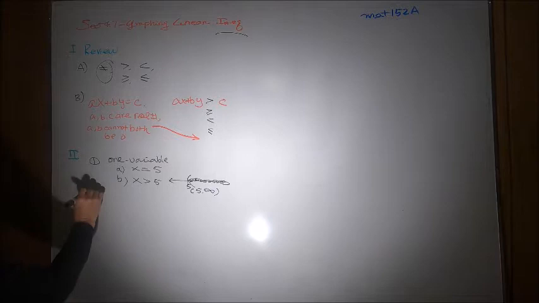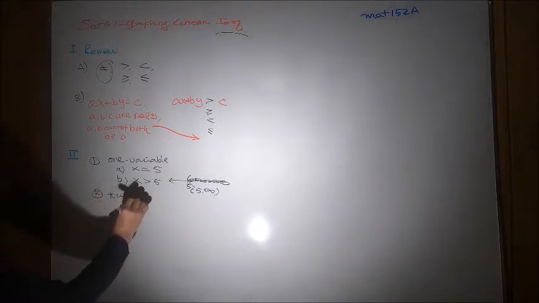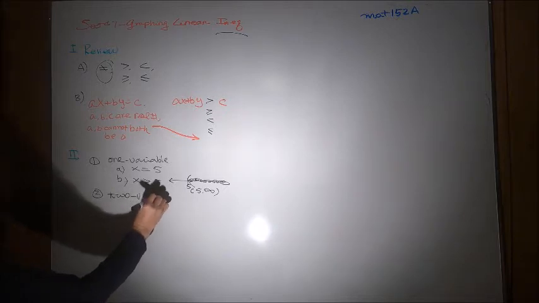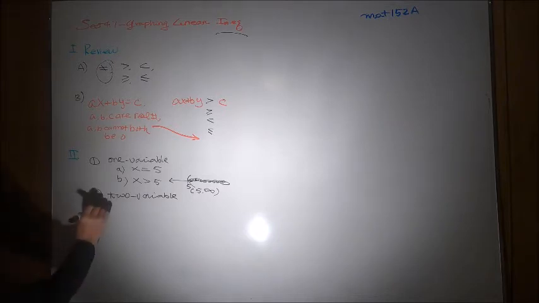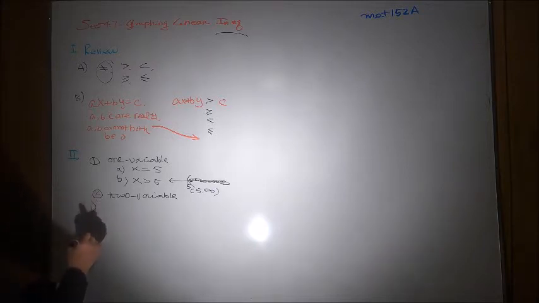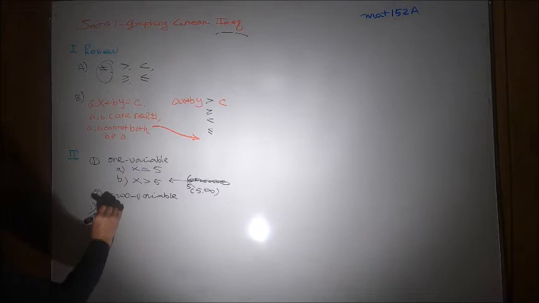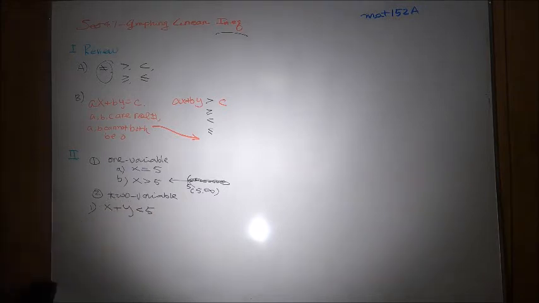Okay, but for the two-dimensional world, then 2 variables, we have a linear inequality. So let's see, if I have x plus y less than 5, how am I going to do it?